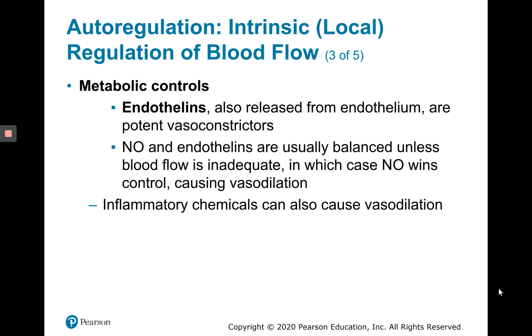Normally we would have both nitric oxide and endothelin being released from endothelial cells, and they would balance each other out, so we wouldn't see any vast vasoconstriction or sudden vasodilation. But in a case where autoregulation is regulating blood flow, nitric oxide wins control, and this would cause vasodilation.